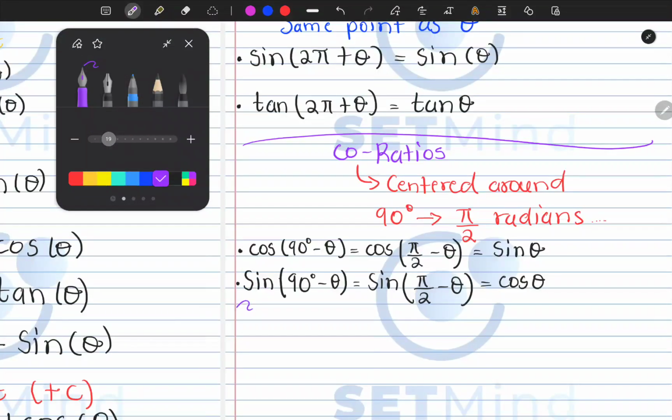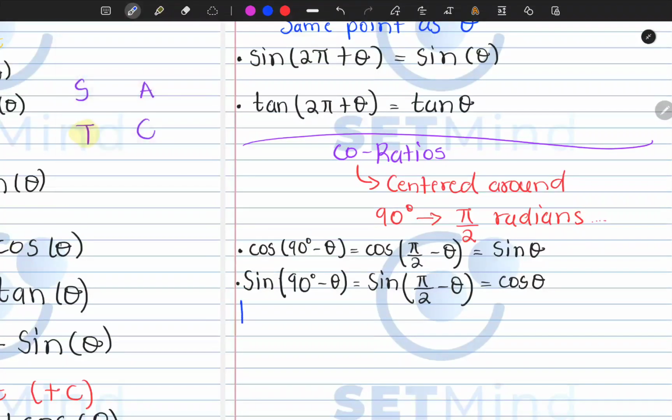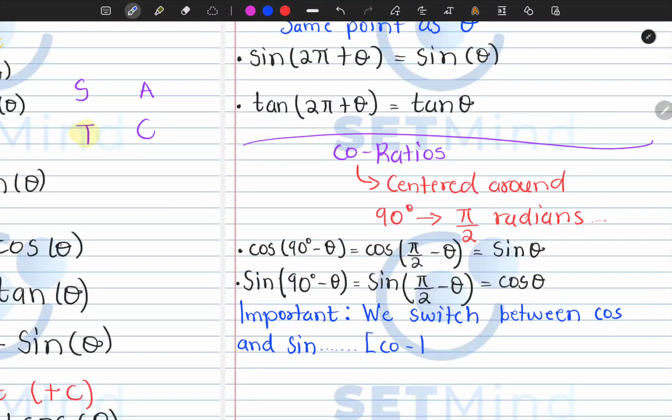So what is the important note here? What is important is that we switch between cos and sine. That is what we do with co-ratios.